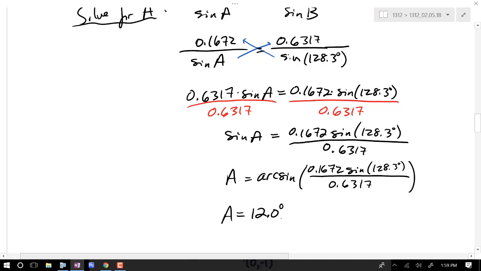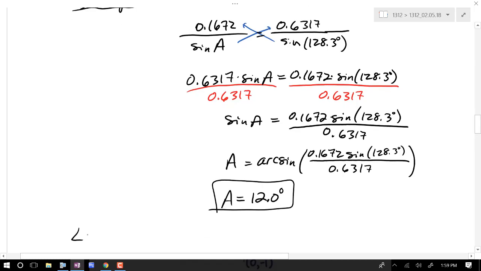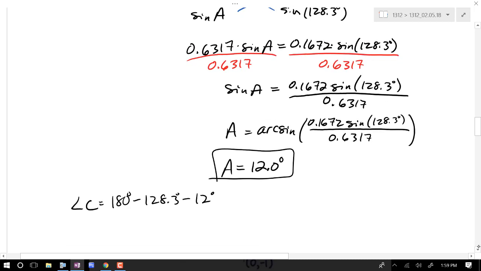Now what's left to find? C. Yeah, and this one's easy enough since we know the other two angles. 39.7. All right.